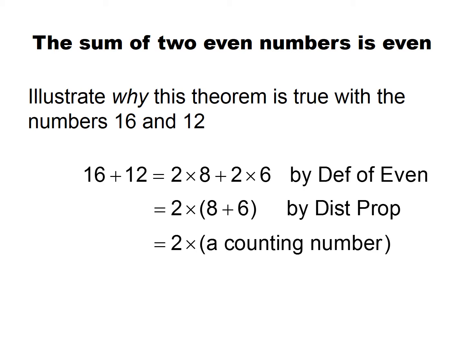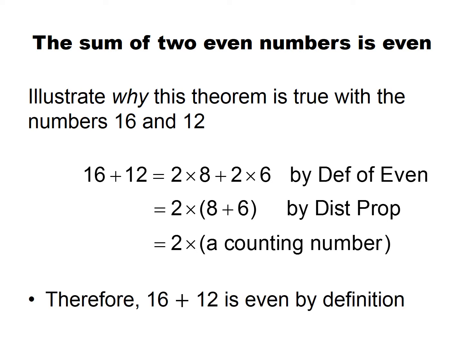It's just a counting number, and that's all that's really important. And so now I say to myself, well, this sum equals 2 times a counting number. Well, that's exactly the definition of even. So therefore, 16 plus 12 is even by definition. So there we go. These calculations help illustrate why our theorem is true.